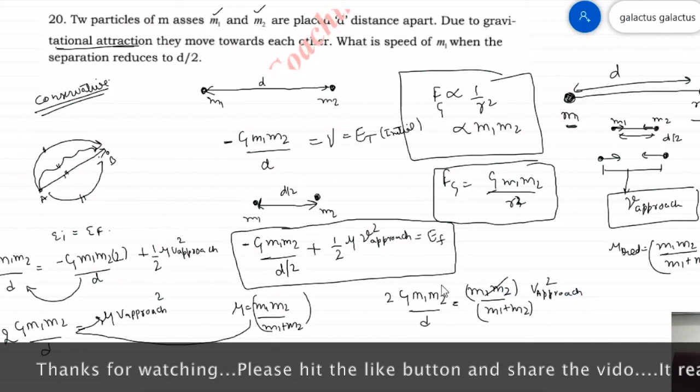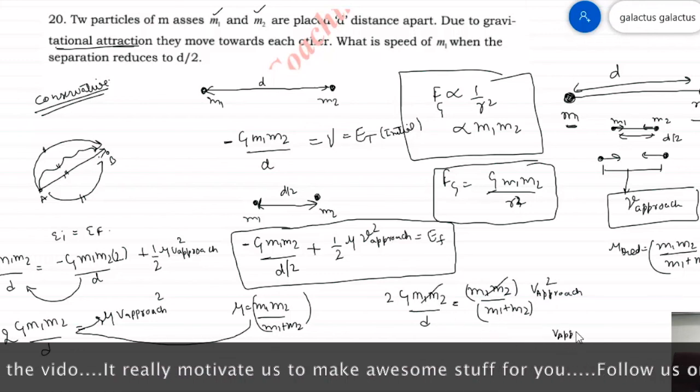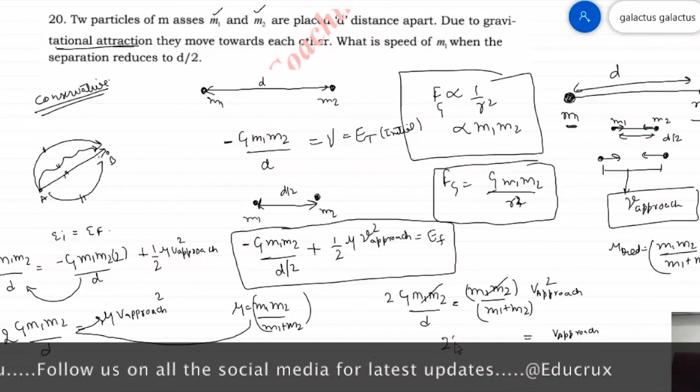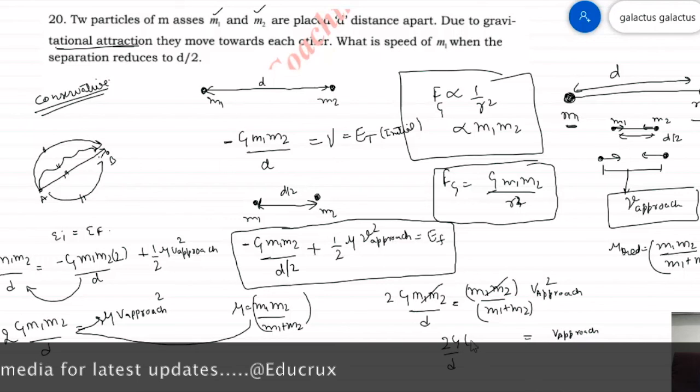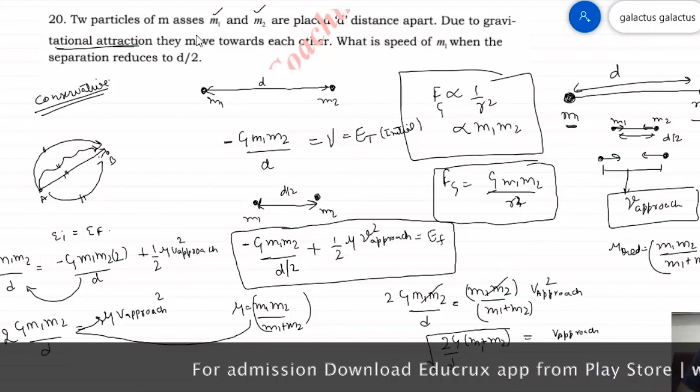Then these two quantities will cancel out and v approach will be equal to the square root of 2G by d into m1 plus m2. So this will be our final answer for question number 20. Now let's solve the next question.